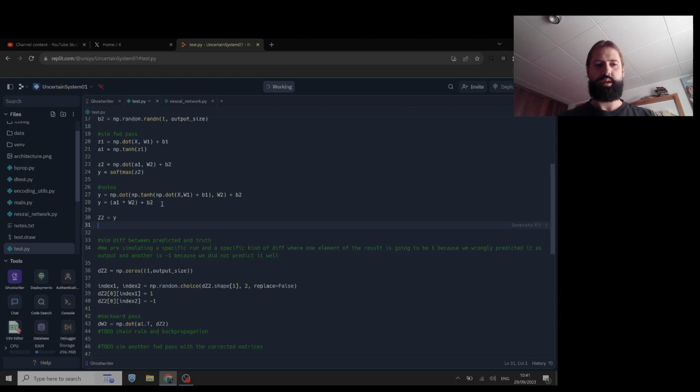But then Y, but Y is all this stuff in here, right? So Z2 is a function of W2.